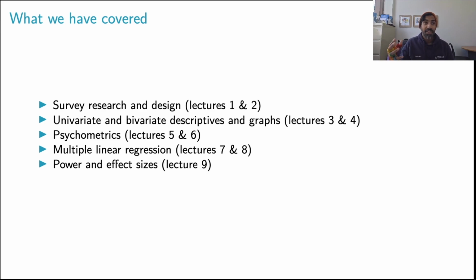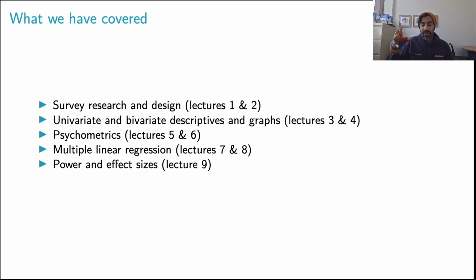But in saying that, even things in univariate, bivariate descriptives and graphs and survey research design, they're all really important conceptual foundations. And hopefully what you've learned from this course is you can't just walk in, conduct some statistics, and then walk away and say, okay, this is what we found.